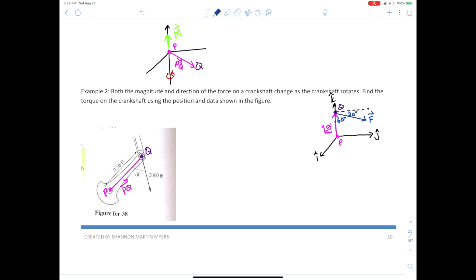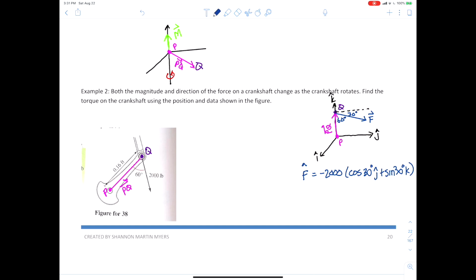So our force vector will be: we have our force is equal to negative 2,000, because there's a downward thrust, and then times cosine 30 degrees J plus sine 30 degrees K, the way I've set it up.